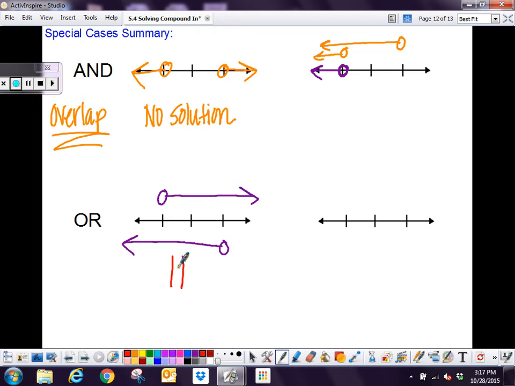So here our answer would be all real numbers, because these overlap everywhere, from negative infinity to positive infinity. Then we could see an example like we saw before, where they're both going the same direction. But since it could be one or it could be the other, it could be the whole long graph.